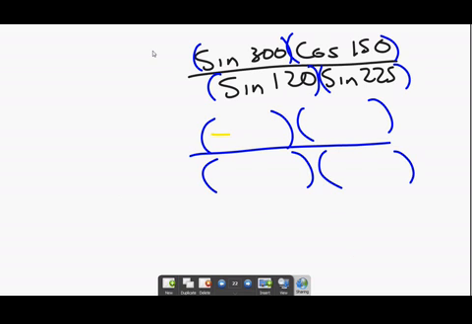Because I said I don't want to deal with 90 or 270, I'm just going to keep quiet about that one. I want to use 180 and 360. So in this case, from 300 to 360, I need what? I need 60. Do you see that? It's very simple. You're using 180 and 360 only.